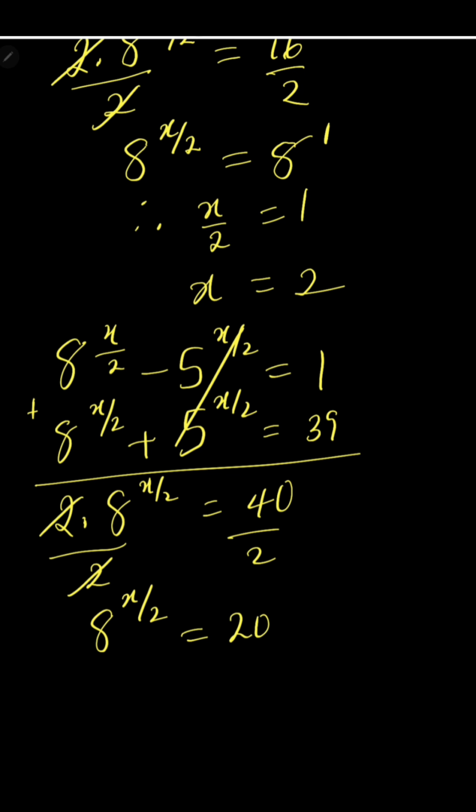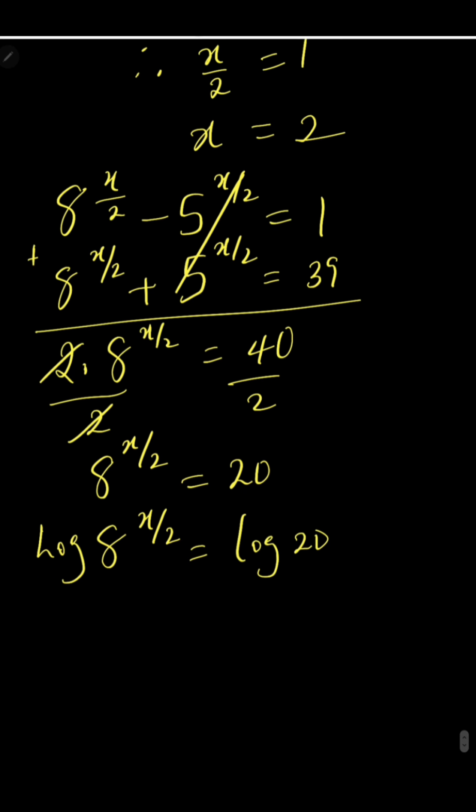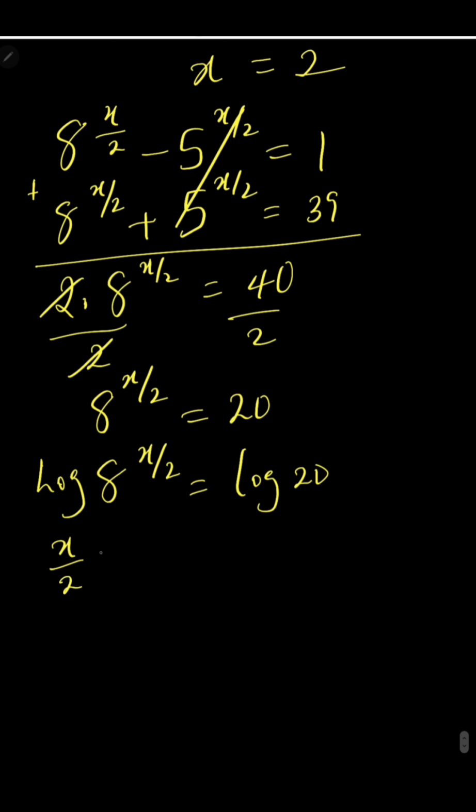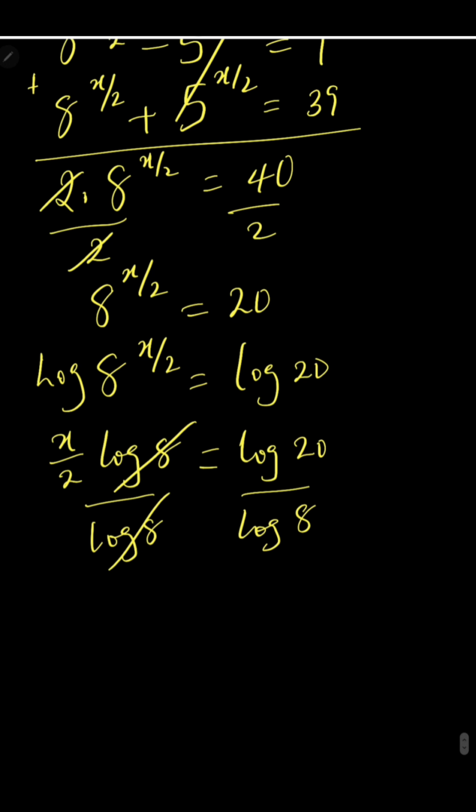Right? So we can only solve this by taking logarithm of both sides. Log 8 power x over 2 is equal to logarithm of 20. So x over 2 log 8 is equal to log 20. Divide both sides by log 8. This will cancel out.